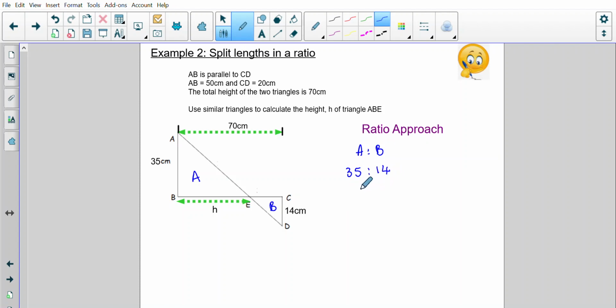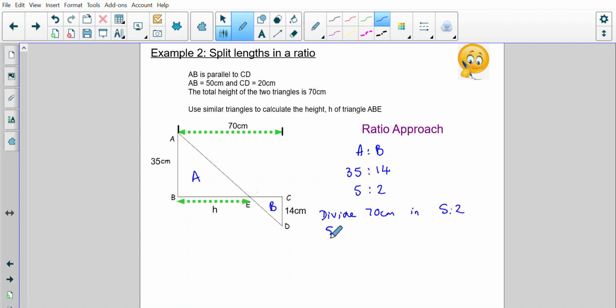Simplify that by dividing both sides by 7 gives me a ratio of corresponding sides of 5 to 2. I know that my total of these two corresponding sides is 70, so I can now use this ratio to work out h by dividing 70 centimetres in the ratio 5 to 2.